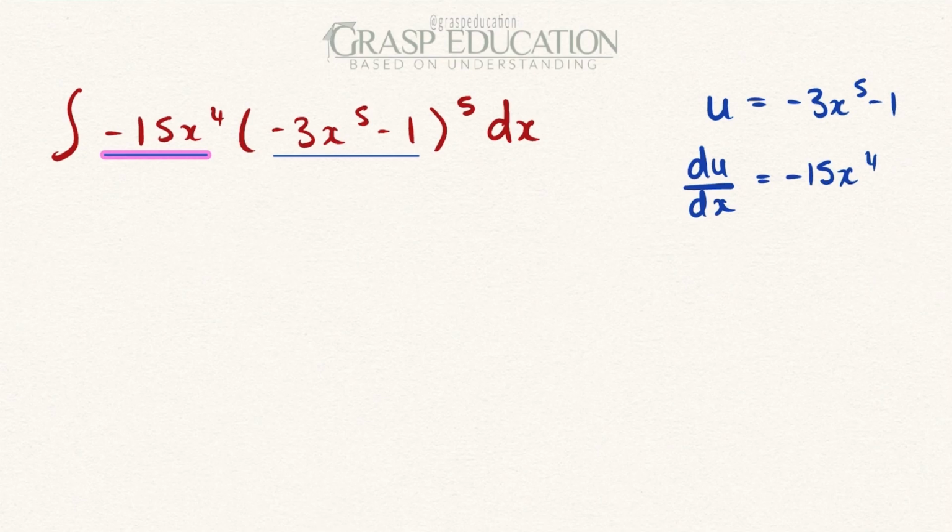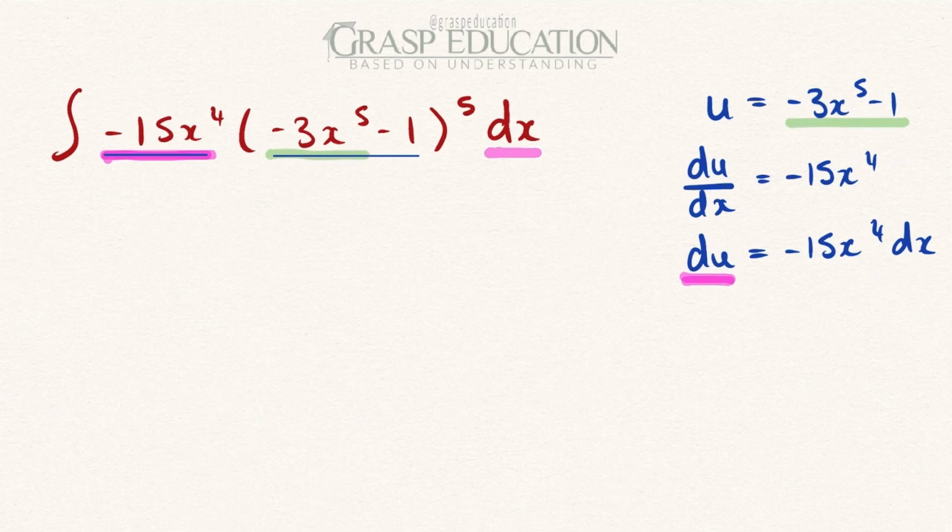I can also rewrite this as du equals minus 15x to the power 4 dx. So du is representing the minus 15x to the power 4 as well as the dx, and u is representing what is inside the bracket.